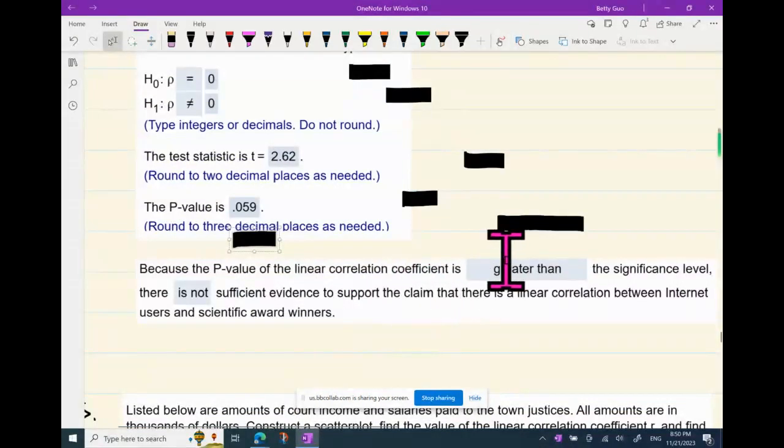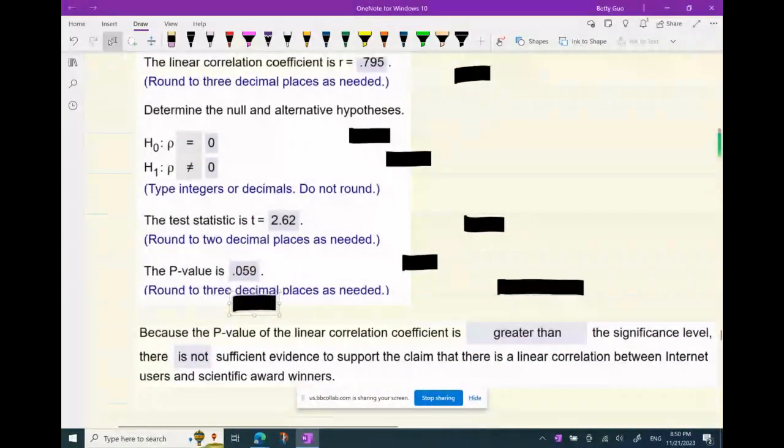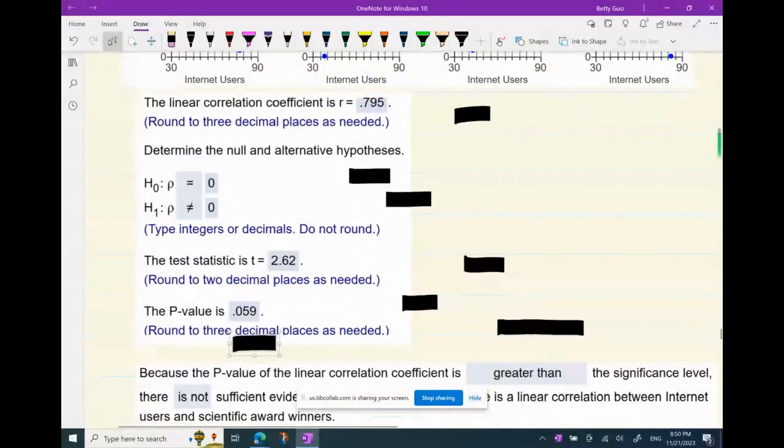Yep, because the r value I have is not the absolute value of r. When you test the claim, you have a predetermined alpha. That makes a huge difference.